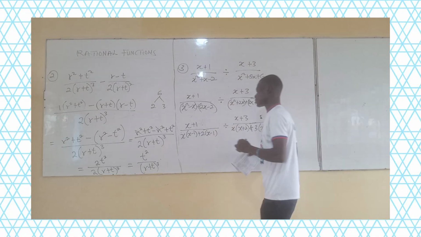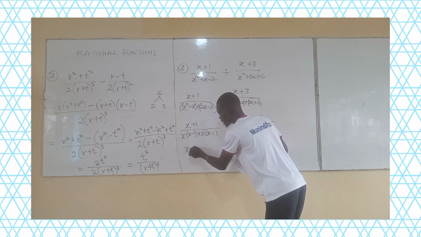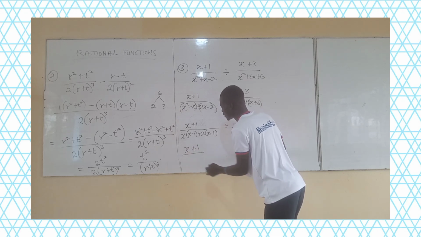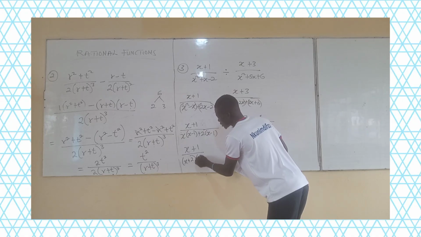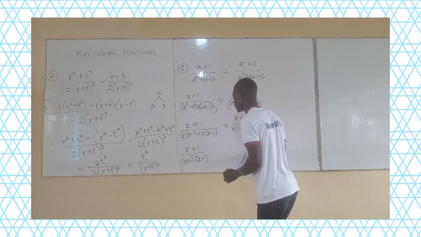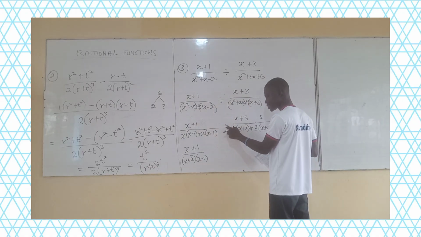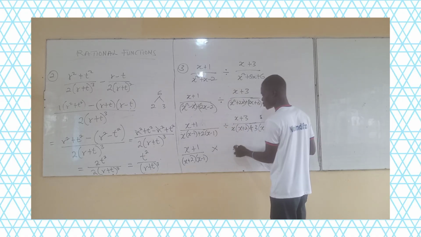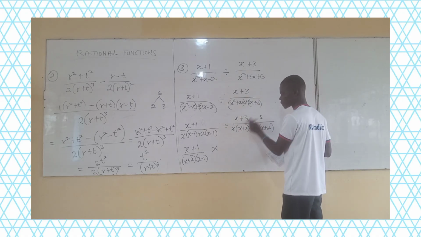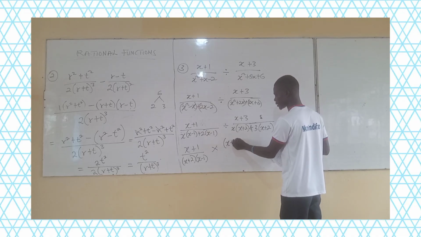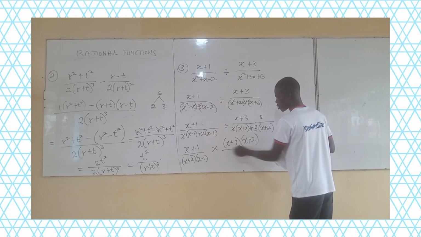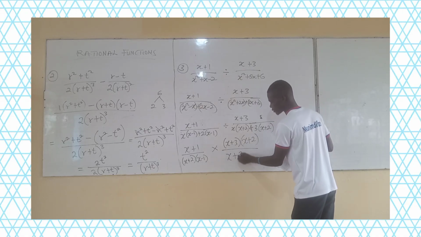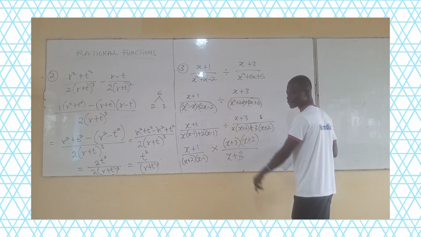So now let's rewrite them again. We have x plus 1 all over the terms here, x plus 2 bracket x minus 1. This division, let's change this division to multiplication. So with the reciprocal, this one will come to the top. I'm going to get x plus 3, x plus 2 all over x plus 3. The numerator has come down.